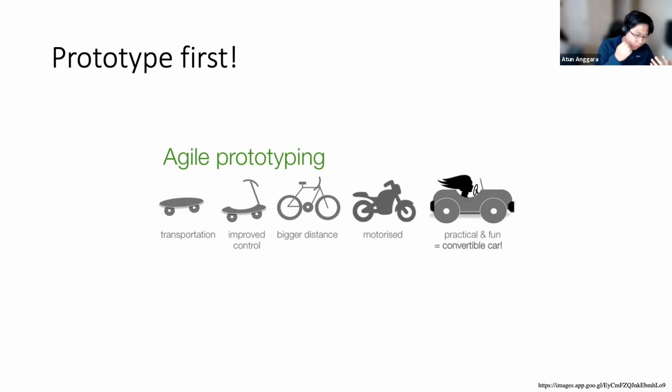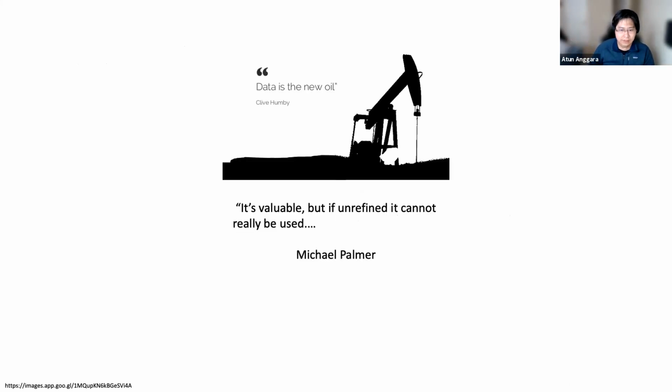We want to create something that other data scientists, some business users can definitely see in real life, something that looks like a skate. And you can play with a Segway, and then you can go into bicycles, a motorcycle, and finally a convertible car.